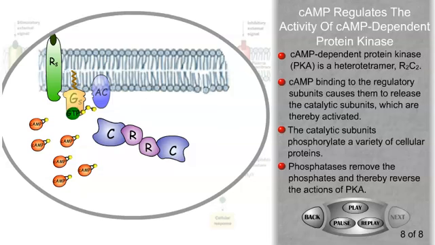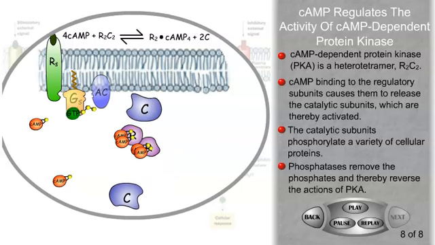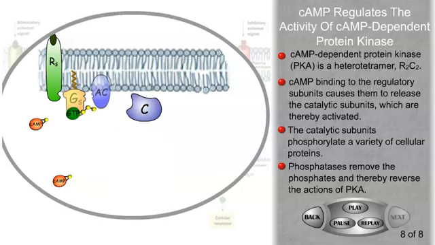In the resting state, it is inactive, because the regulatory subunits prevent the catalytic subunits from functioning. However, when intracellular cyclic AMP levels rise, 2 molecules of cyclic AMP bind to each subunit of the regulatory dimer, which causes the dissociation of the catalytic subunits, thereby freeing them to act.